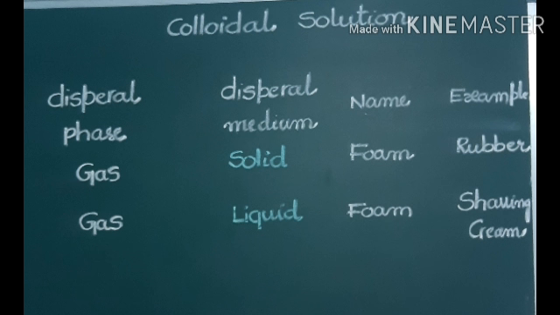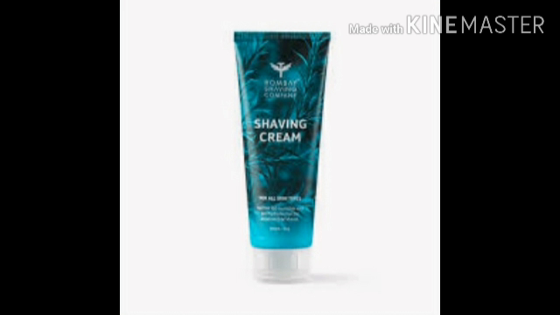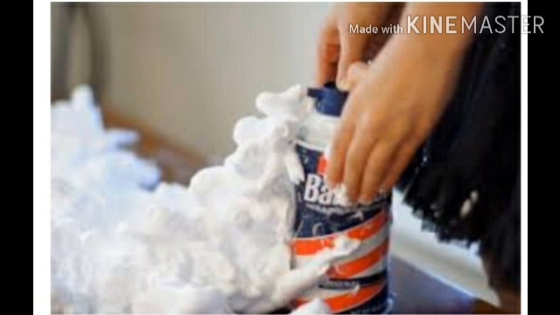And second example, dispersal phase gas, dispersal medium liquid. And the type of colloidal solution is a foam. And best example shaving cream. For shaving cream, dispersal phase is gas and dispersal medium is liquid.